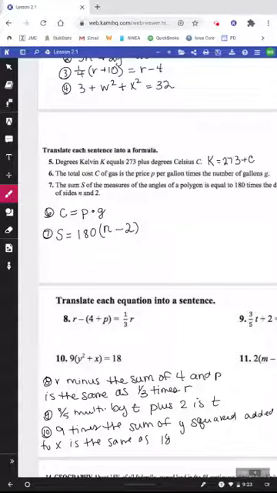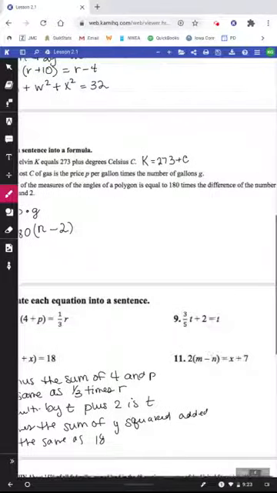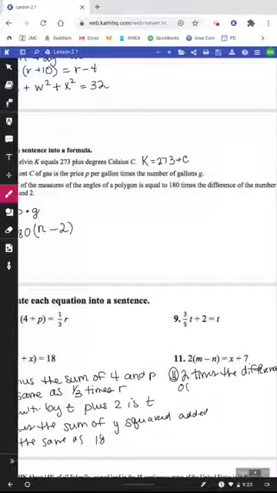Or again, you can write just about anything. Number 11, I need the parentheses again, so I'll say 2 times the difference of m and n is x plus 7.